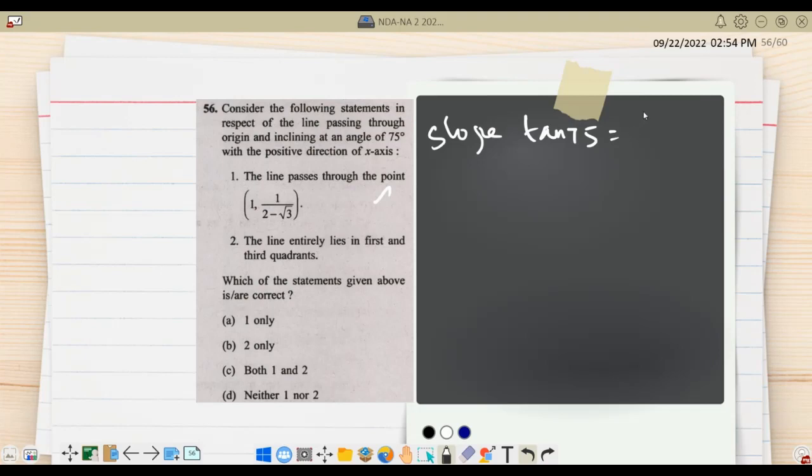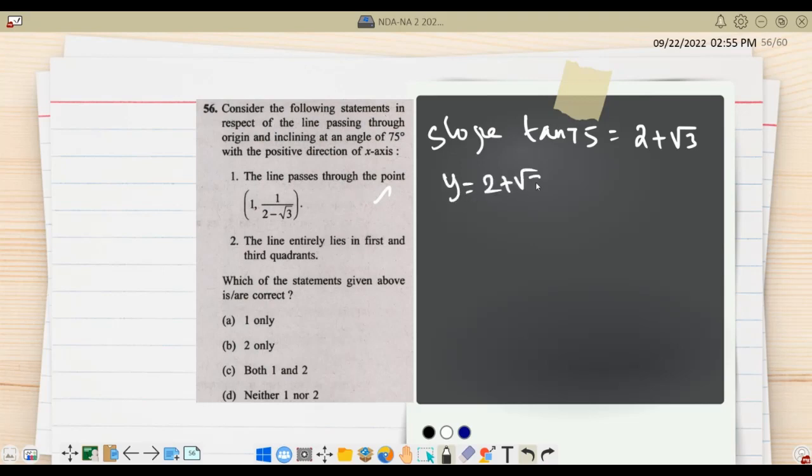Yes, 2 plus root 3. Right. And now, since this passes through the origin, the equation is going to be y equal to mx.